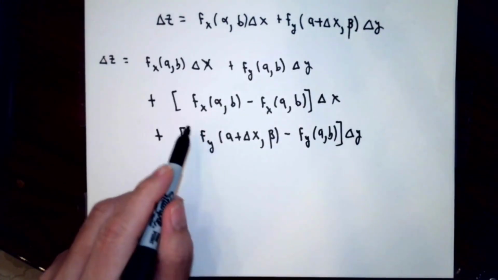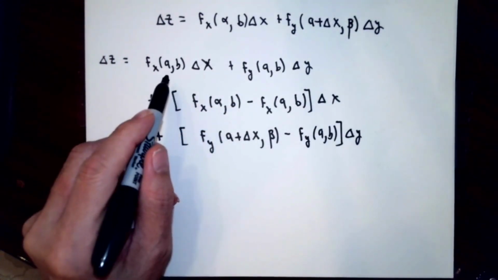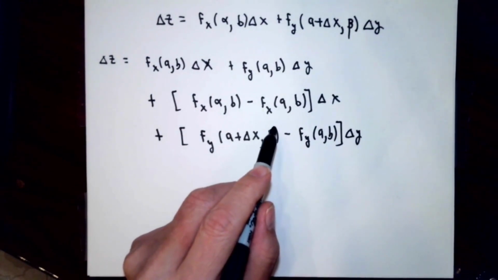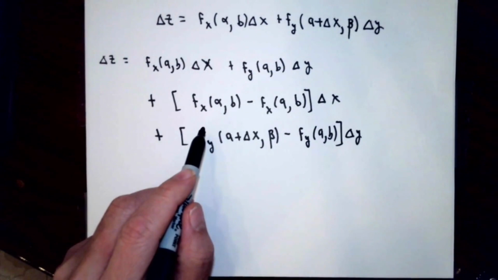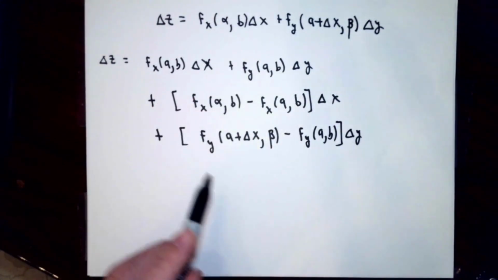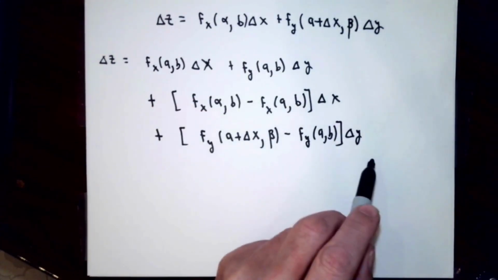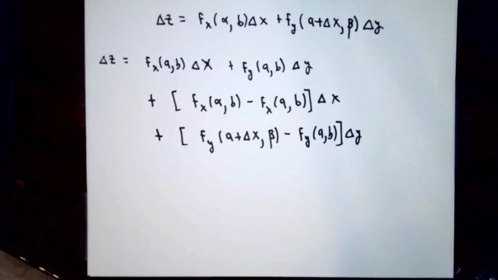If I were to multiply this out and then combine it with this term, the f sub x ab delta x would cancel out, leaving behind f sub x alpha b delta x, which is what I actually have, and likewise if you multiply this out and add it to this term, you recover what we had before.